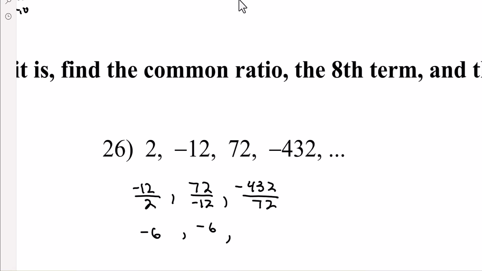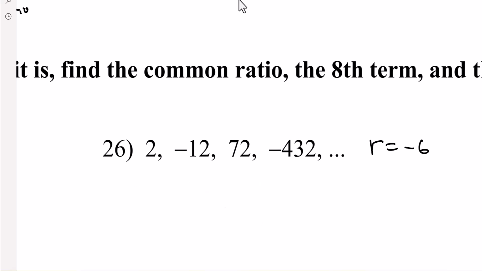I don't know that off the top of my head. So negative 432 divide 72. So in this case, the common ratio is negative 6. All right. So this is a geometric sequence.